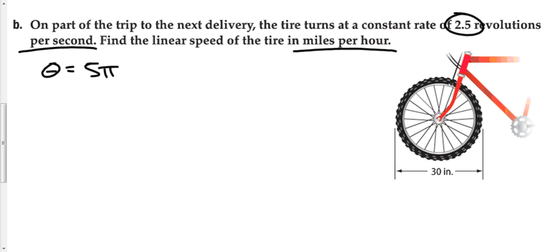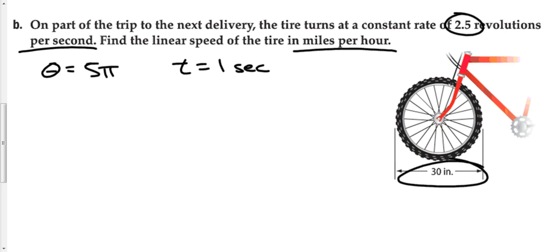Okay, so what do I know? I know theta. I know time, right? Because this is revolutions per second. Okay, well, I don't know S, my arc length, but I can figure it out because I do know the diameter.